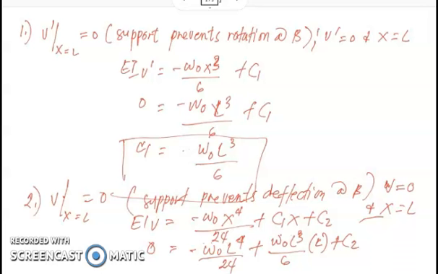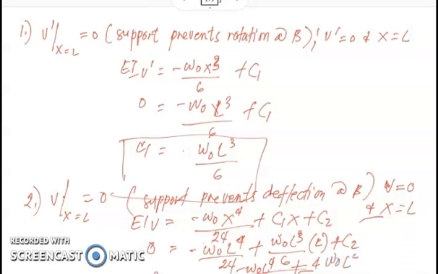So 0 is equal to negative w sub o L to the fourth all over 24, then plus 24 divided by 6 is 4, times 1, so this is 4 w sub o L to the fourth.